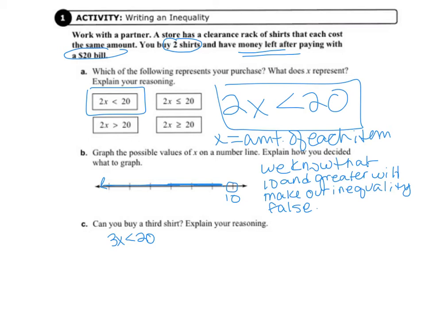And then that means that we're dividing that $20 up now among 3 items. So $20 divided by 3 is $6.66. So we can buy a third shirt if x is less than or equal to $6.66.